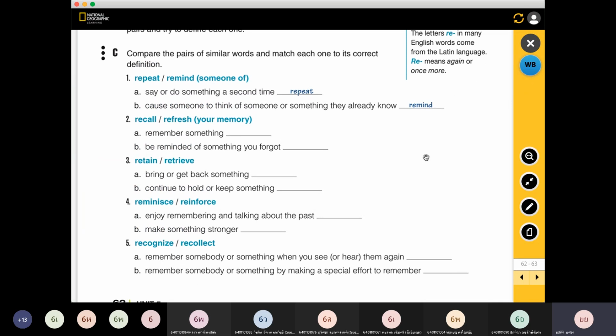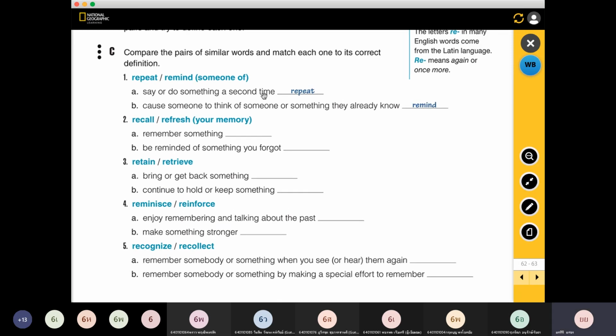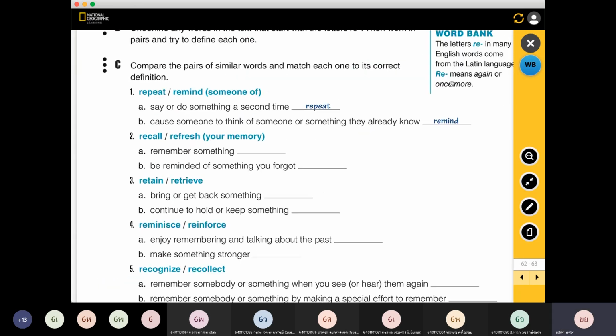You may have known already that when you see words starting with re, it means you do something again, right? So that must be the place or the source of it, and then you just keep doing it again and again. But it depends on what you want to do with it.